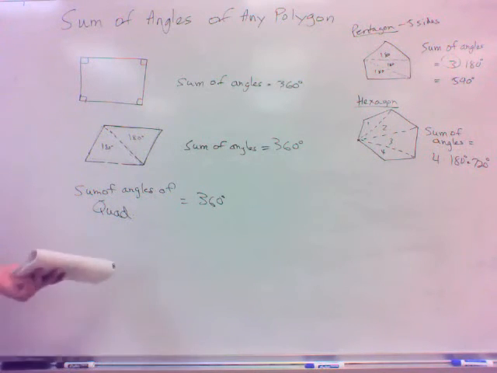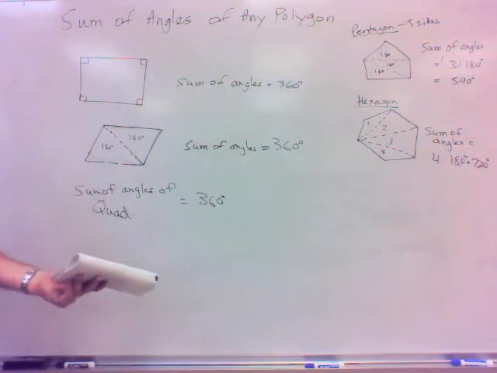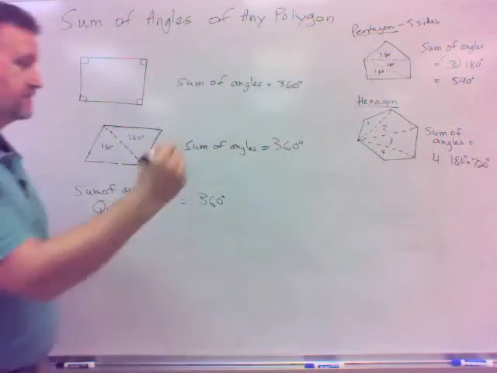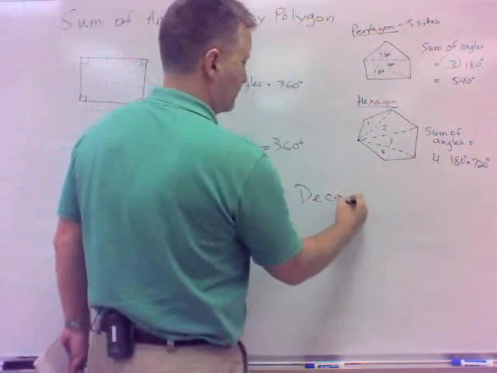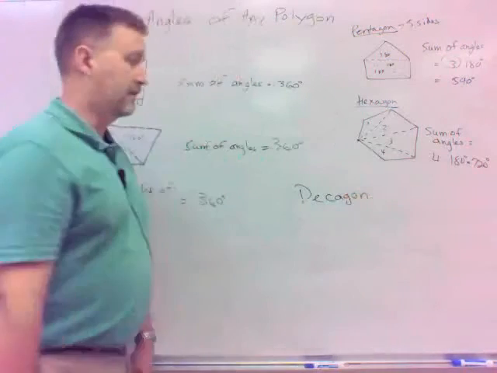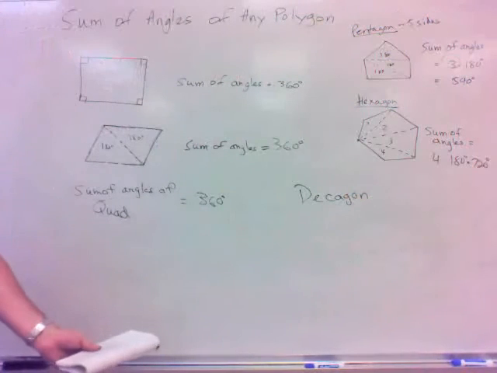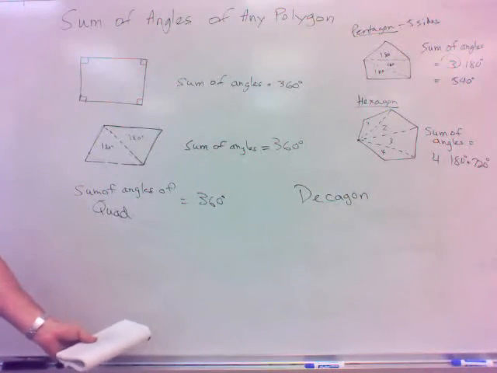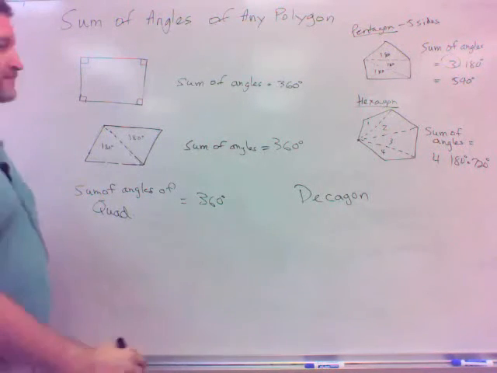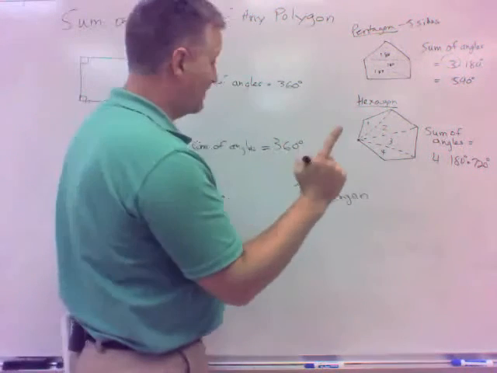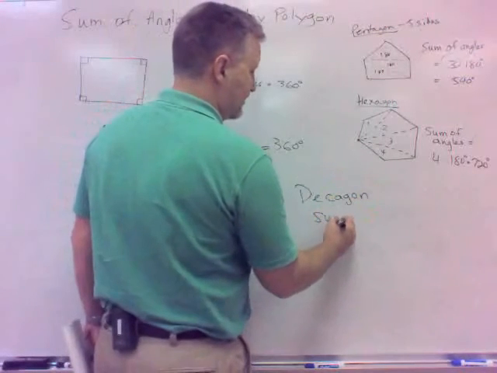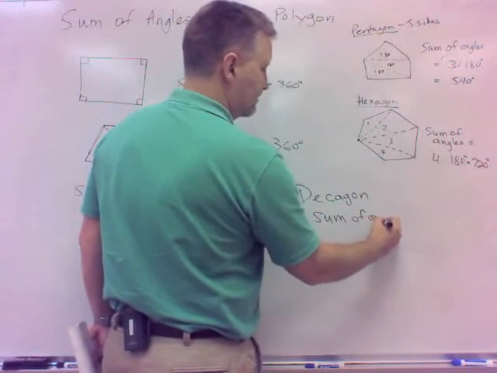So if I have a decagon, let's jump to that. It'd take me a while to draw a decagon, because that's 10 sides. I could do it, but I don't have to, because what would the sum of the angles be?